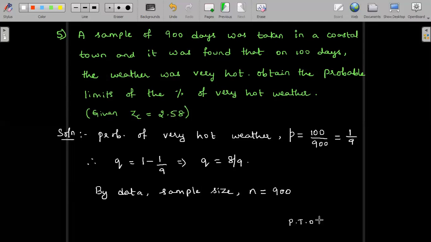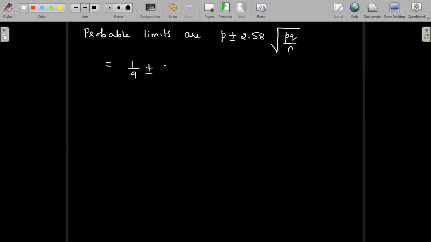With respect to 1% level of significance, probable limits is given by P plus or minus 2.58 into square root of PQ divided by N. So substituting all the known values, it is 1 by 9 plus or minus 2.58 into square root of 1 by 9 multiplied by 8 by 9, the whole divided by N. N is 900.